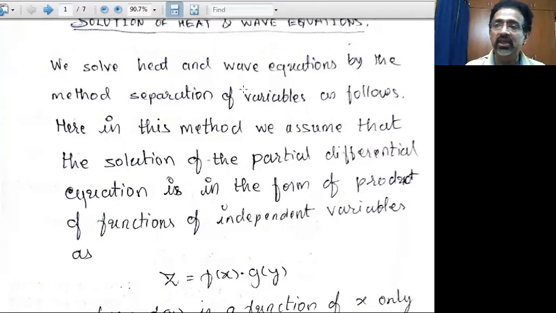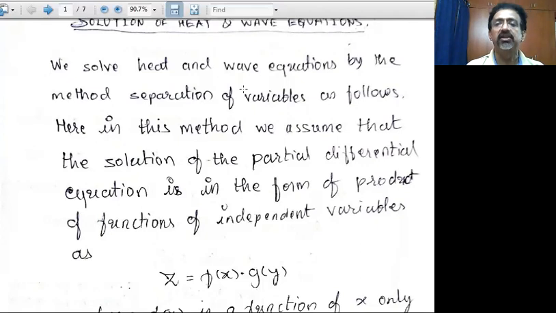So I can get a differential equation in x and I can get a differential equation in y. Once I get a differential equation in x, it becomes an ordinary differential equation in x. So it is a function with one variable x.